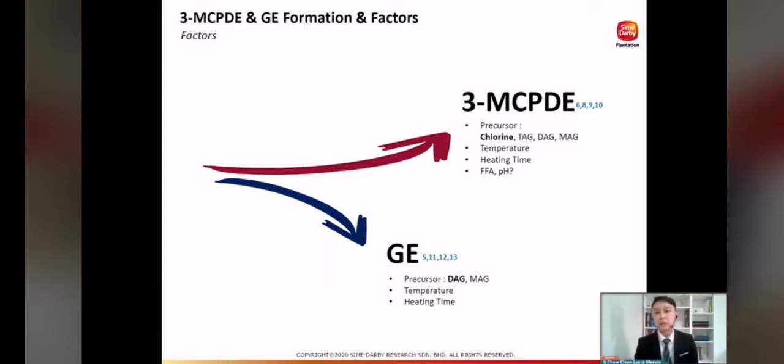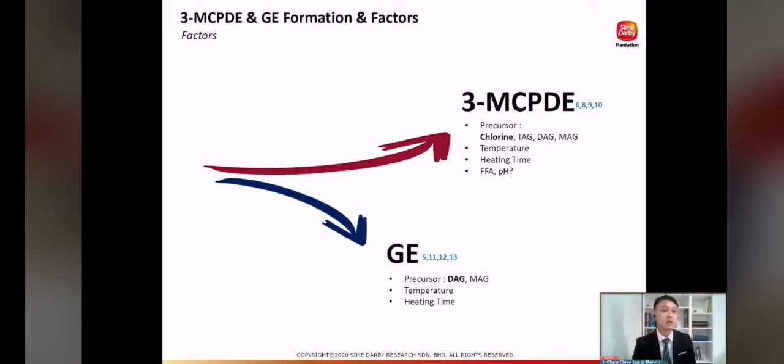However, in terms of DAG and MAGs, the reactivity of DAG is the highest among these three acyl glycerols. Other than that, the temperatures also affect the 3-MCPDE. Heating times, durations also affect the 3-MCPDE.